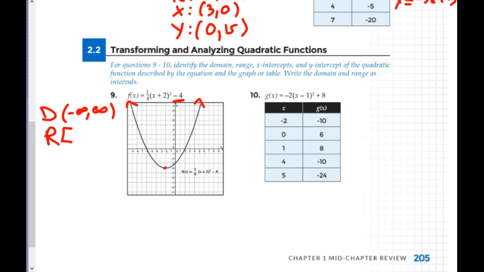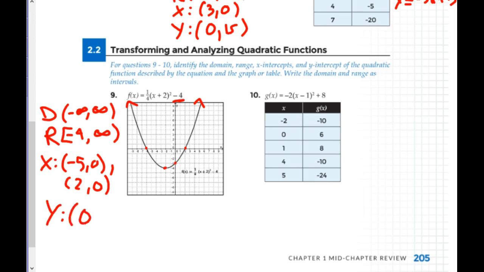So that's bracket negative 4, comma, infinity. And you can see on here the x-intercept is negative 5, comma 0, and 2, comma 0. There's two x-intercepts. And then there's a y-intercept right there, which is at 0, negative 3.